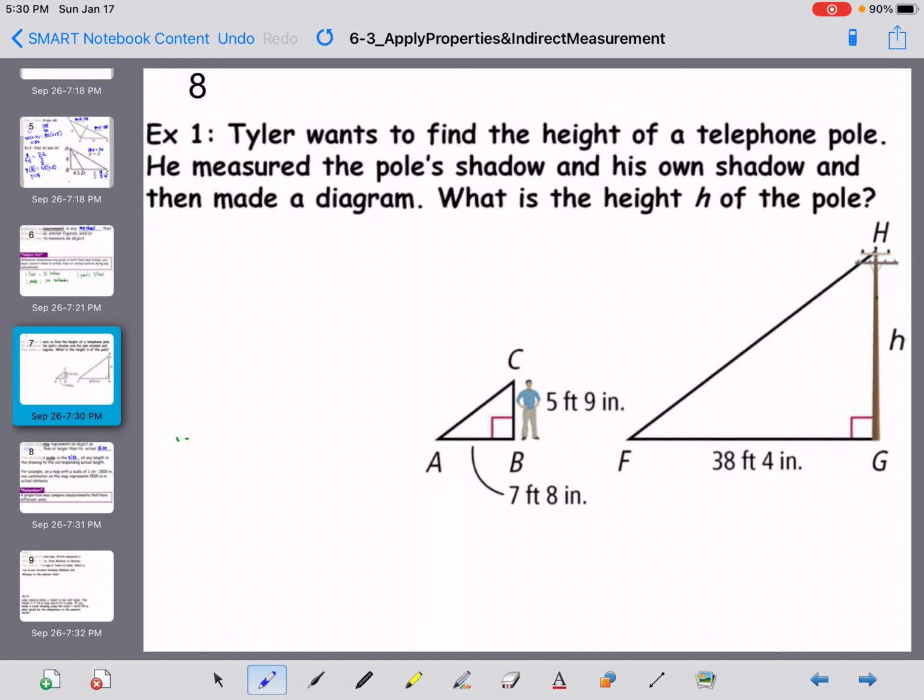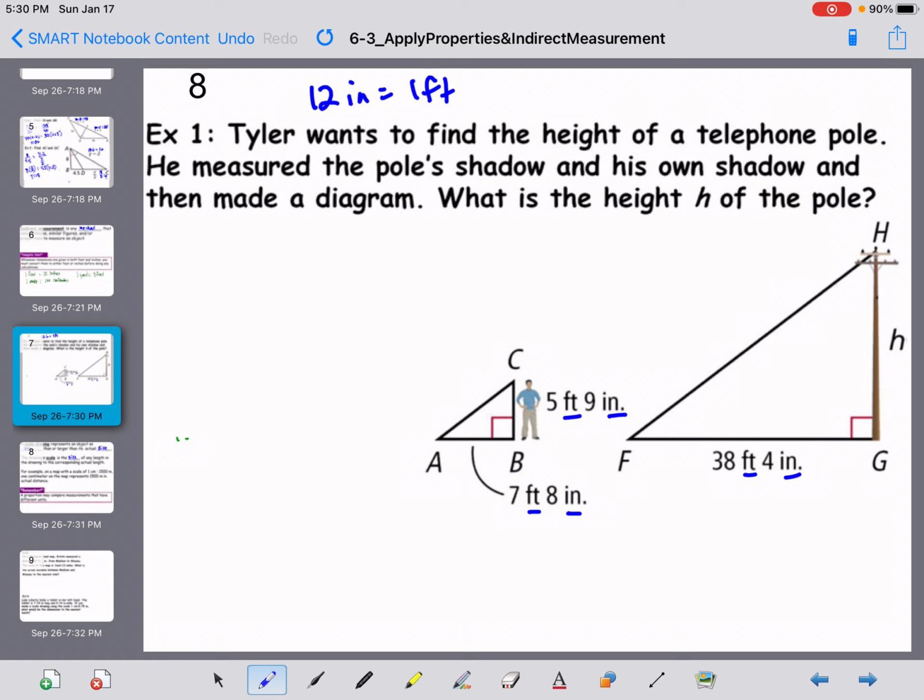So you're just going to set up some equations here. However, we're dealing with feet and inches. Feet and inches. See that? We need to make everything inches. So how many inches are in a foot? 12 inches equals 1 foot.